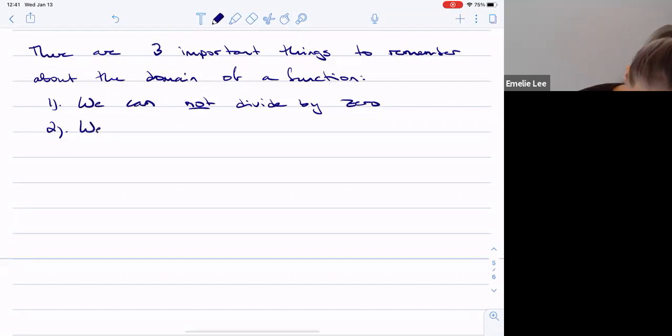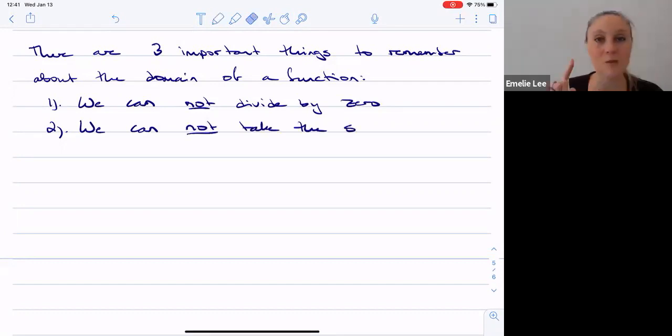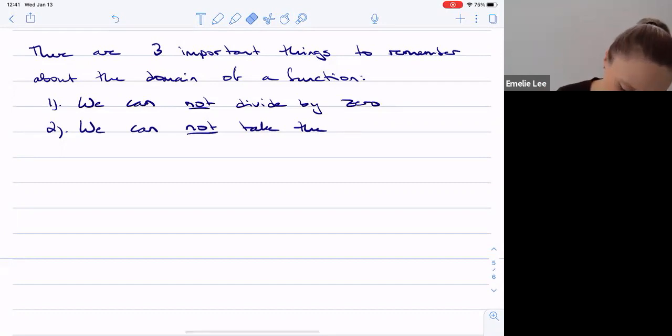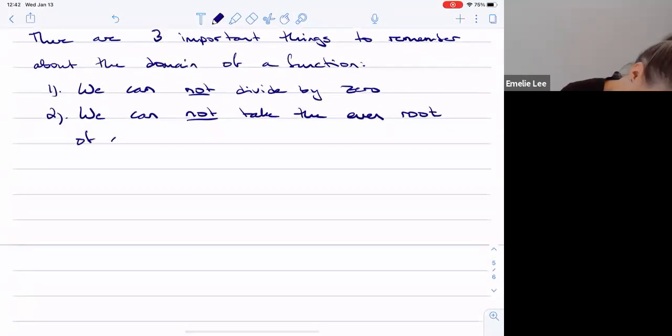So we cannot take the square root, or sorry, I'll expand this, take the even root, right? Square, 4th root, 6th root, 8th root, okay? So I'll even expand this, take the even root of a negative.